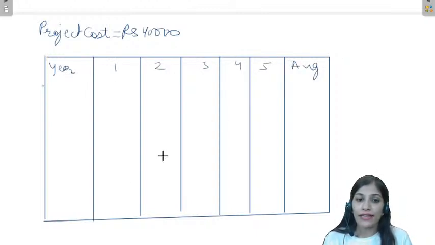Since it is ARR, we will calculate the average, right?